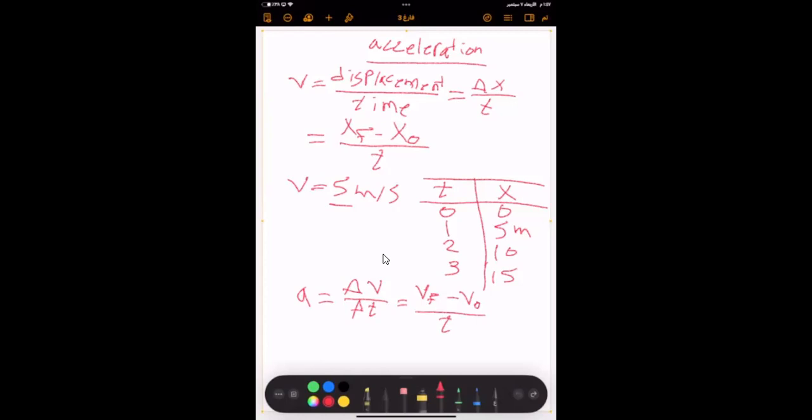So acceleration tells you how fast an object's velocity changes with respect to time.